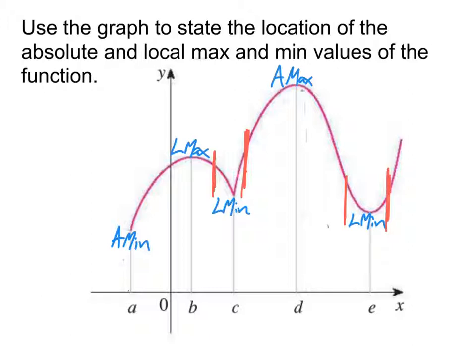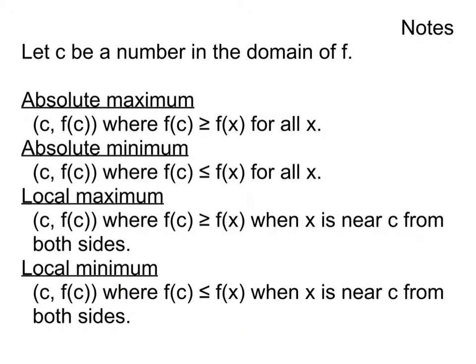It's more than that on both sides. And in fact, we can define these and put them into notes here. For something to be a local minimum, our y value must be lower than all other y values from both sides of that x at c. There's a lot of detail and notation here. Take a moment, write this into your notes.